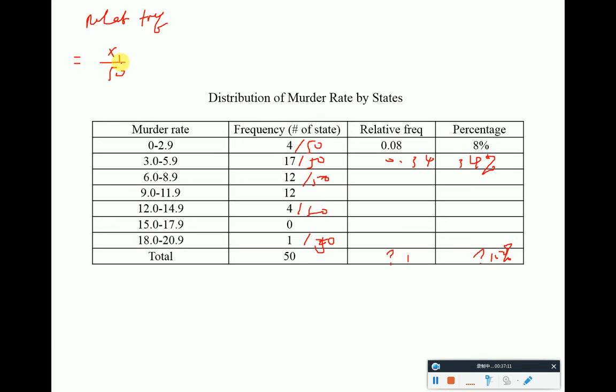It could be 50, it could be 0, but it cannot be larger than 50, because the frequency count for a single category cannot exceed the total number of observations. And then we have a second one, which is x2.